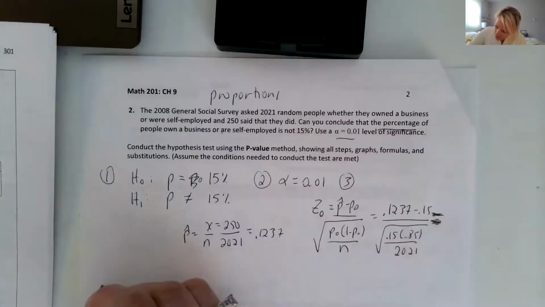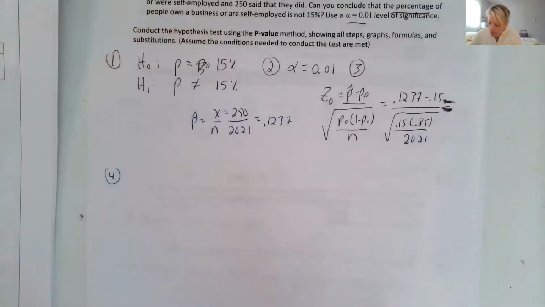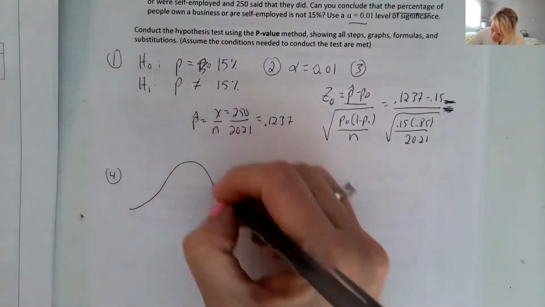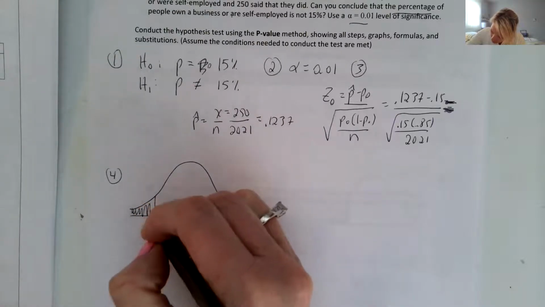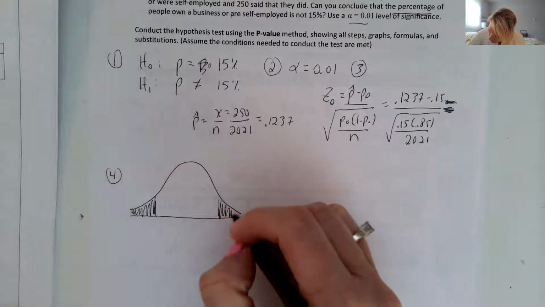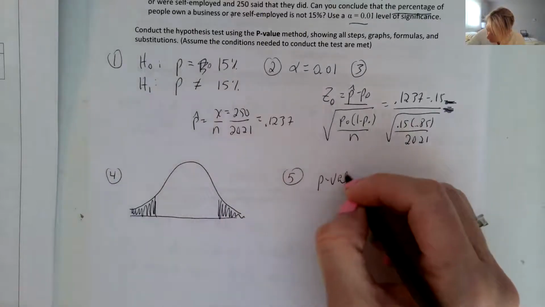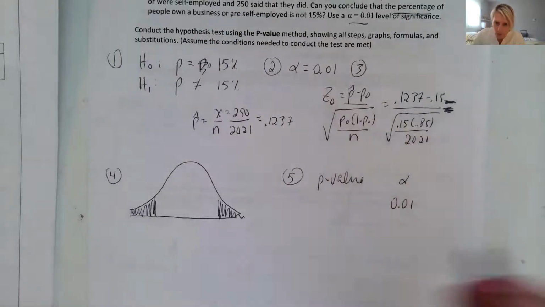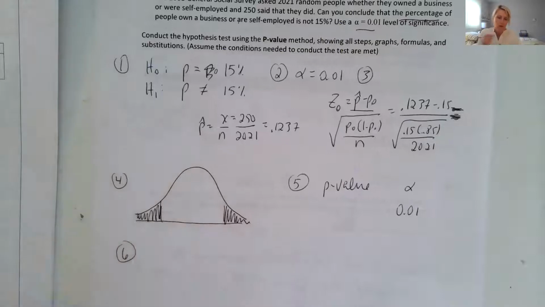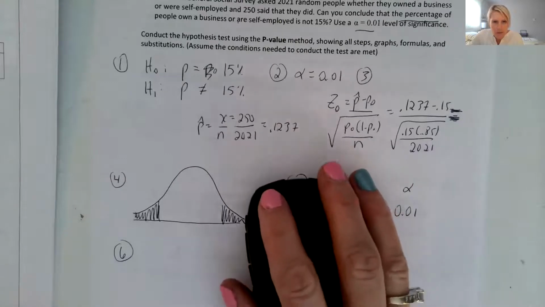Okay. And then we're going to draw a picture for our step 4. Show you that. And because it's a two-tailed, we're going to have p-value on the left, and we're going to have some p-value on the right. And we're going to compare our p-value in step 5 to our alpha of 0.01. And then we're going to draw our conclusion. So let's go to Desmos for that.